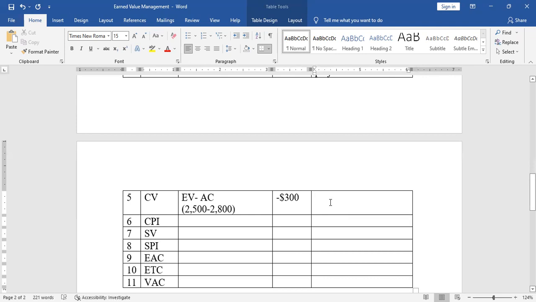Interpretation: because we are looking at it from the cost angle, cost variance, we need to see whether we are over budget or we are moving well. So in this sense, it simply suggests that we are overspending, we are over budget by 300. I will explain that one.